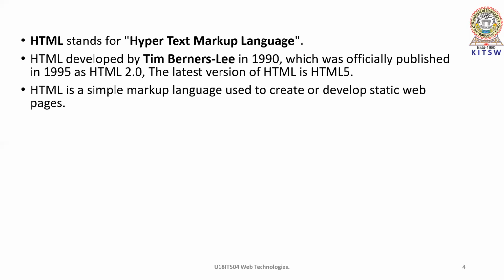What is HTML? HTML is a markup language. How is it useful to us? We use HTML to create static web pages. There are two types of web pages, static and dynamic web pages. Remember, HTML is used to develop static web pages.